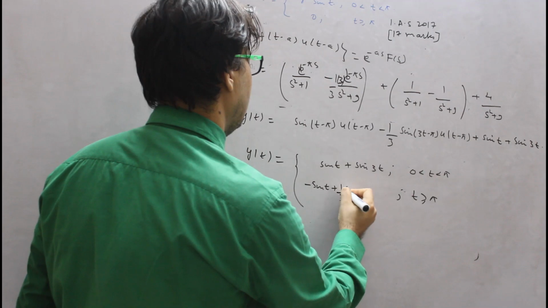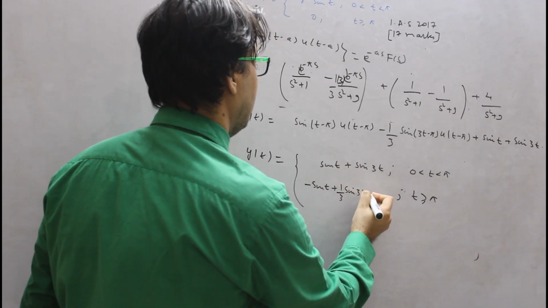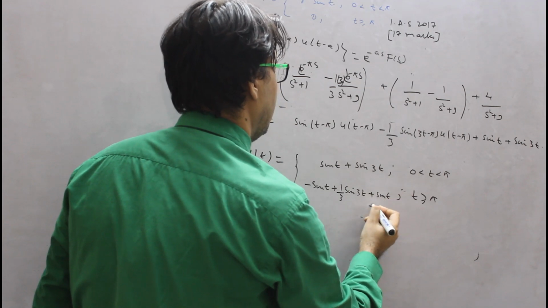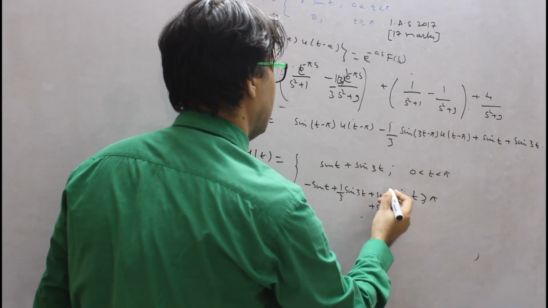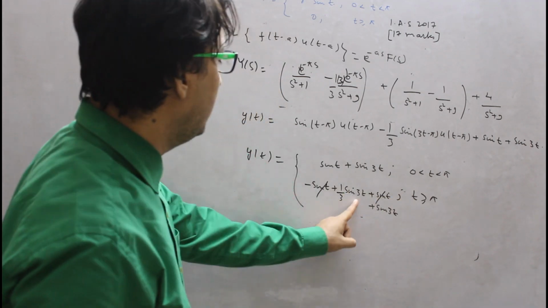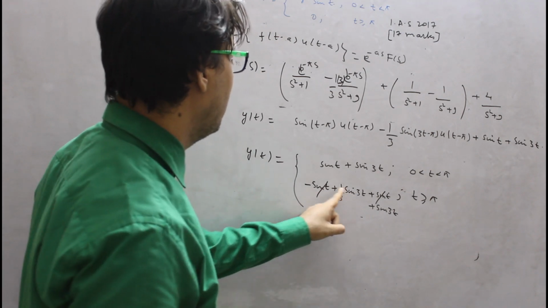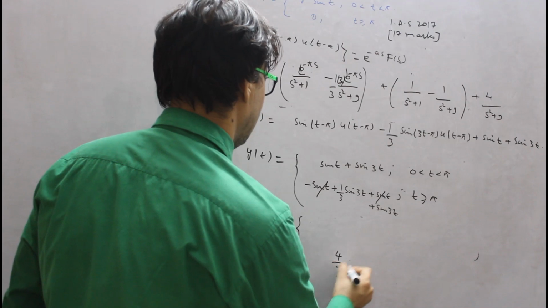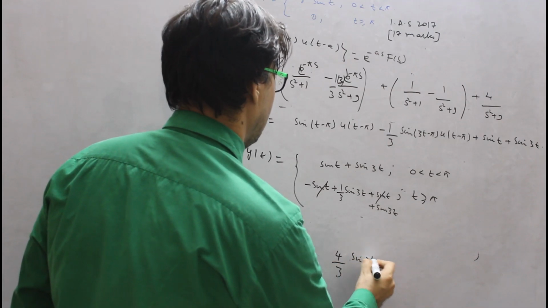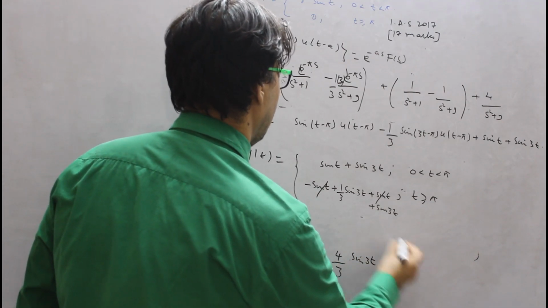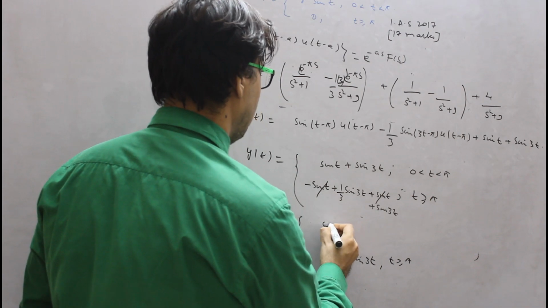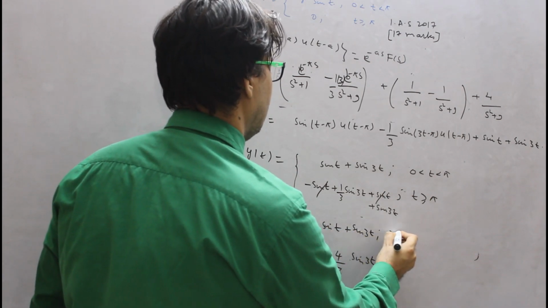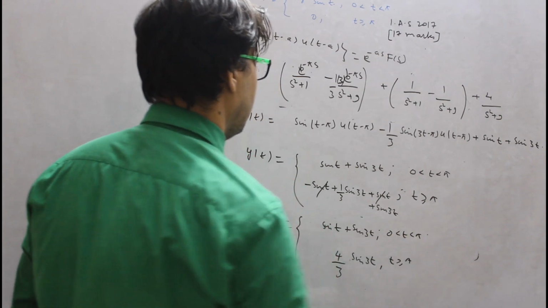So 1 by 3 sine 3t plus this value sine t plus sine 3t. So this one gets cancelled. All that is left here is 4 by 3 sine 3t. So we can write it once more, 4 by 3 sine of 3t for t greater than pi, and we can copy the value sine t plus sine 3t for 0 less than t less than pi. So this is our answer.